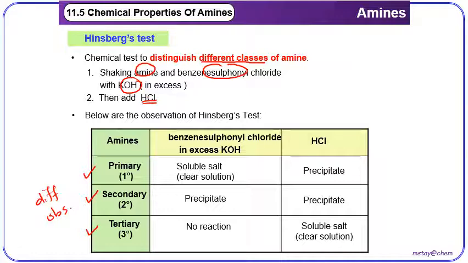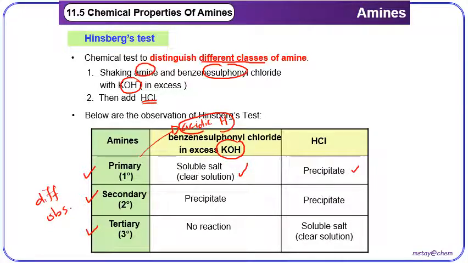As the primary amine has an acidic hydrogen, it will form a soluble salt. This acidic hydrogen is able to react with KOH to form a clear solution. Then when you add in the HCl, the clear solution will react with HCl to form the precipitate.